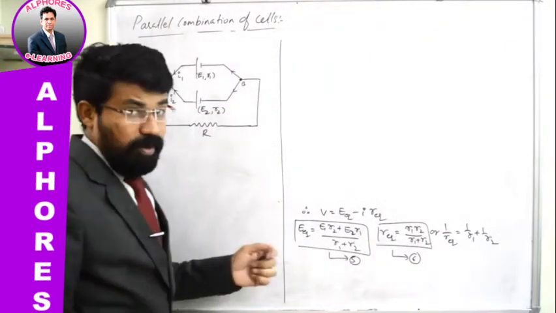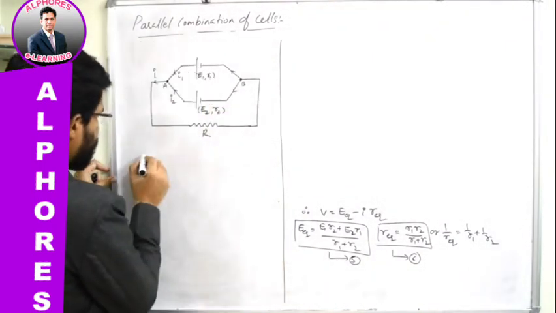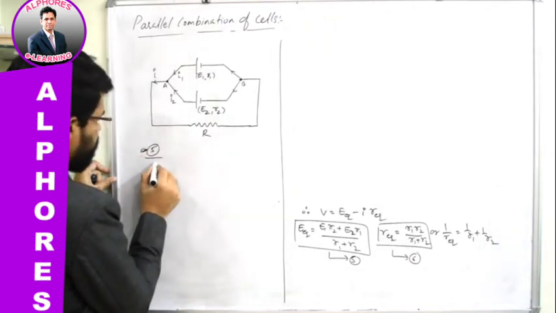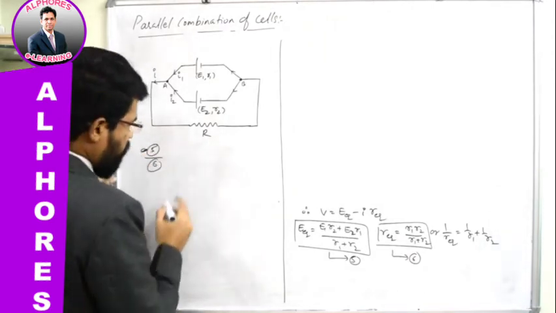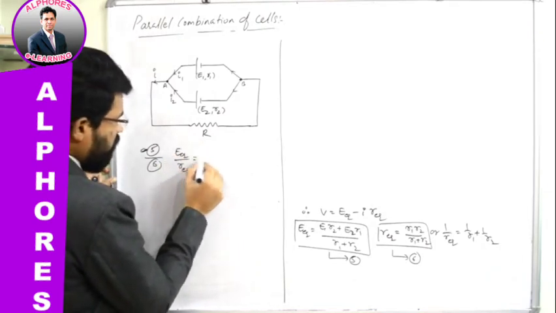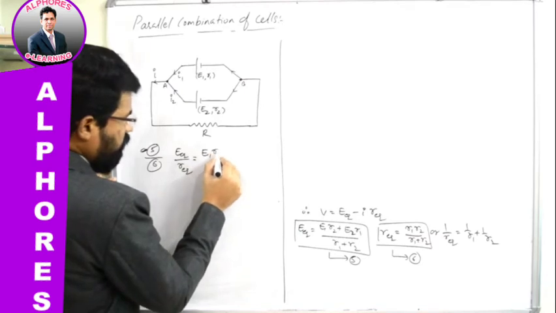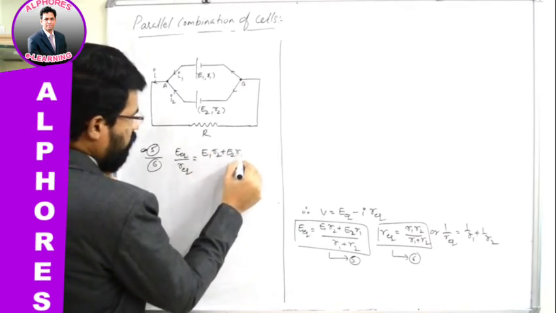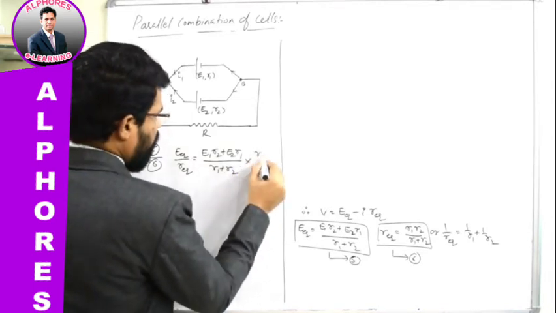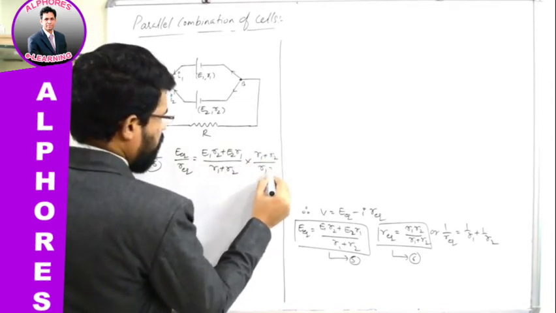Now, what I am going to do is divide equation 5 by equation 6. If that is done, what are you going to get? E equivalent by R equivalent is equal to E1 R2 plus E2 R1 by R1 plus R2, into R1 plus R2 by R1 R2.